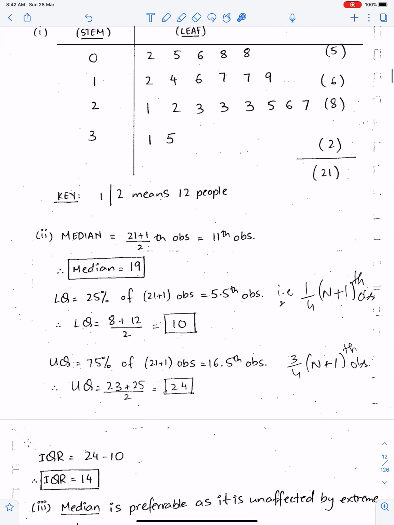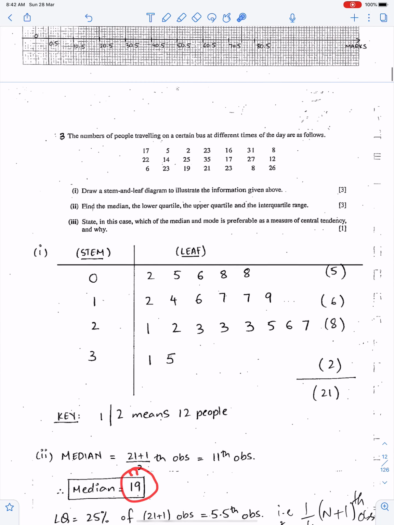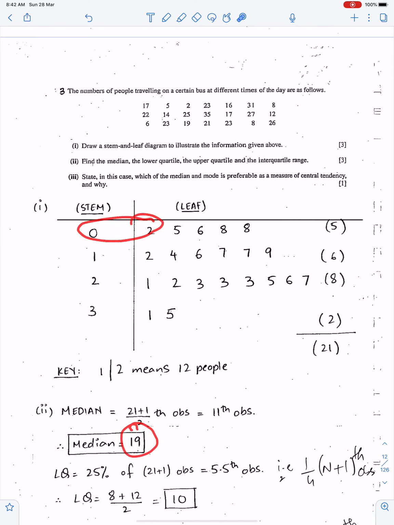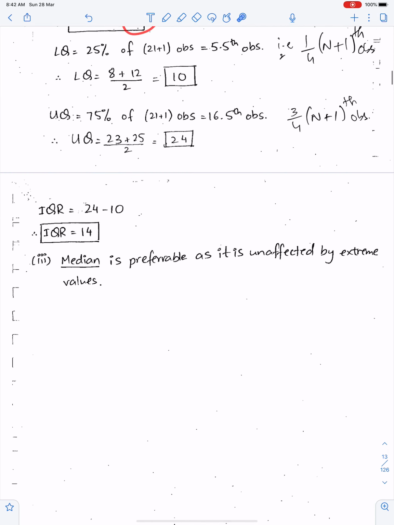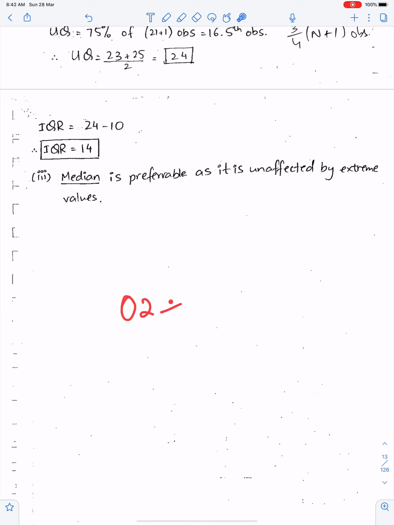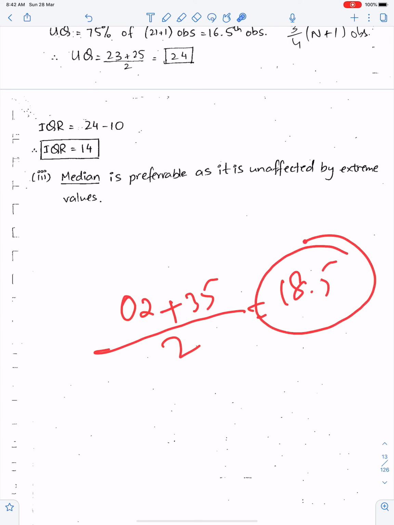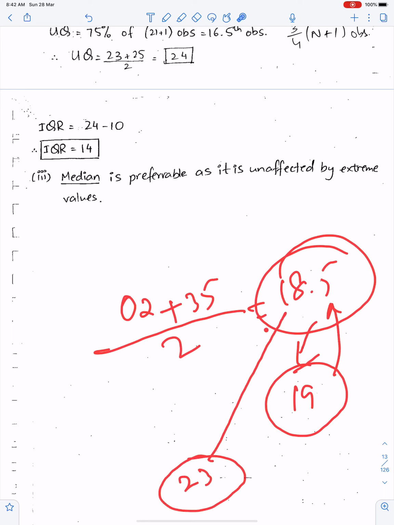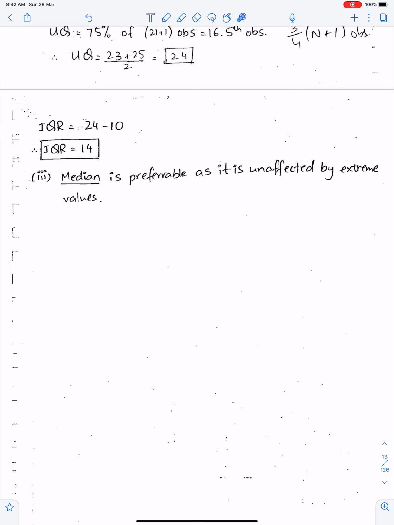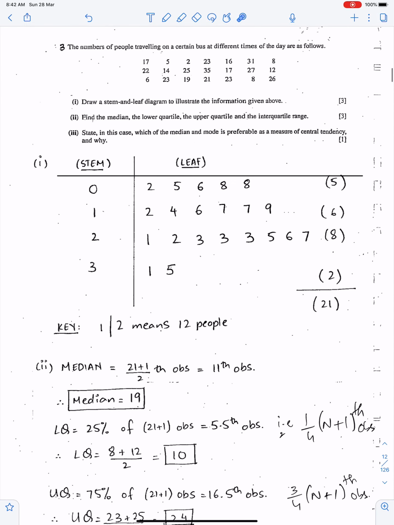If you observe the lowest observation, which is 2, and the highest observation is 35, and take the average of these two observations, you will get, I guess, 18.5. And median is close to this number. Mode is 23. So median is more preferable in this case as it is unaffected by extreme values.